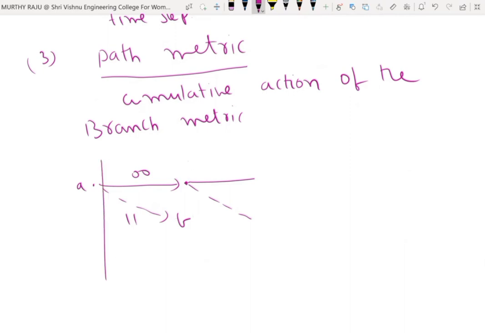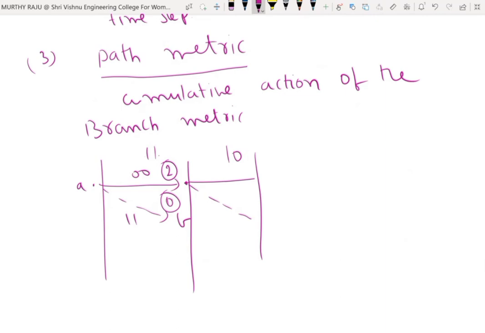In the first time step the value is 1 1. In the second time step the value is 1 0. Here the path metric in the first time step: Hamming distance between 1 1 and 0 0 is 2. Here 1 1 and 1 1 is 0.